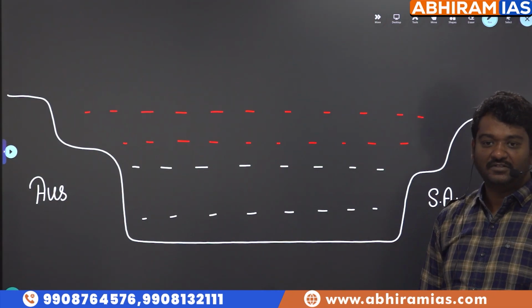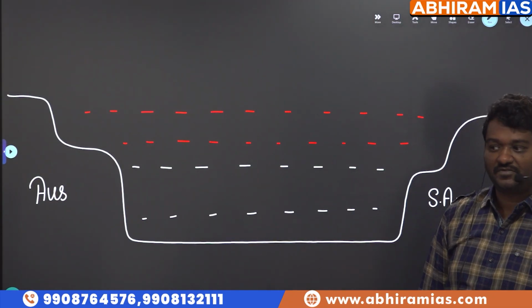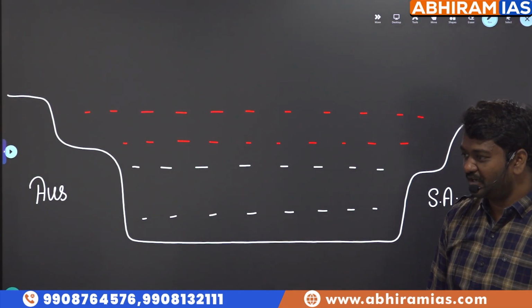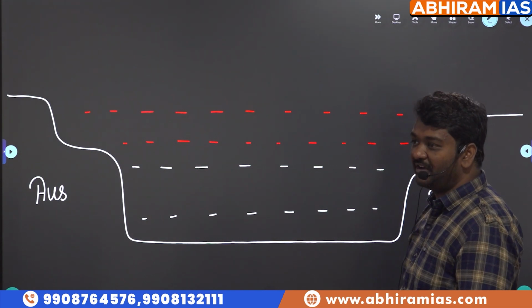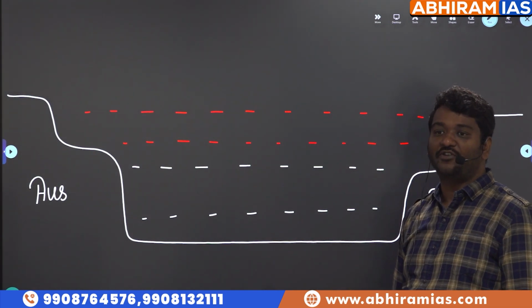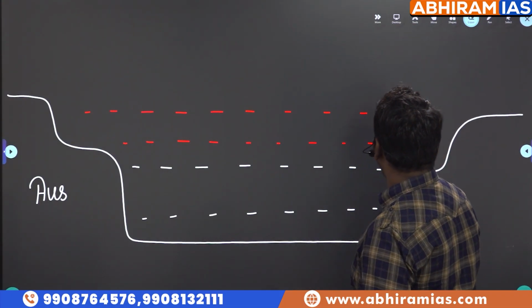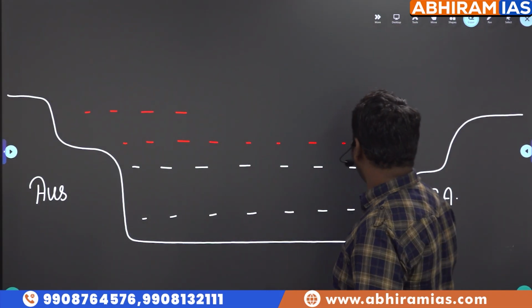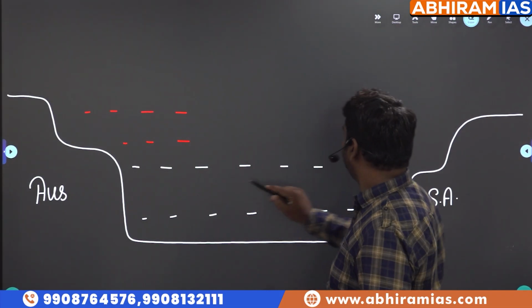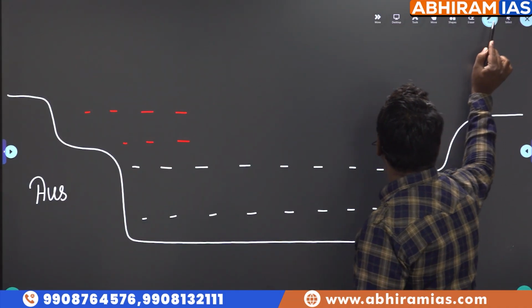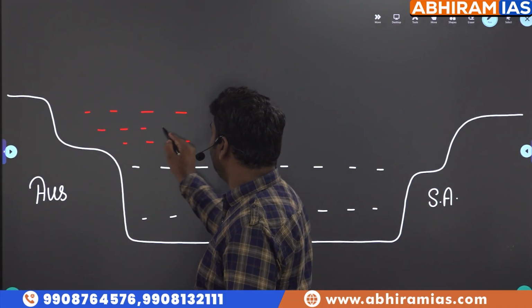Which are the trade winds? Southeast trade winds. We are talking about which hemisphere? Southern hemisphere. Southeast trade winds. You tell me trade winds blow from where to where? East to west. As trade winds blow from east to west, all the water from here, they will move and it would start piling up here.